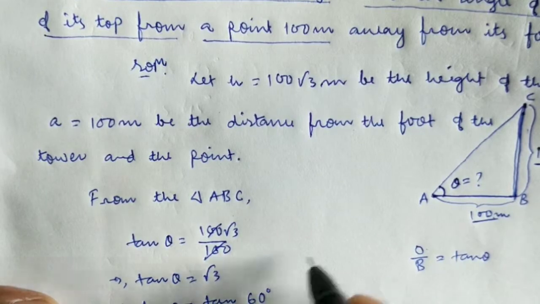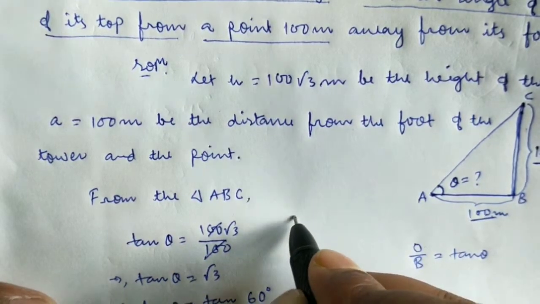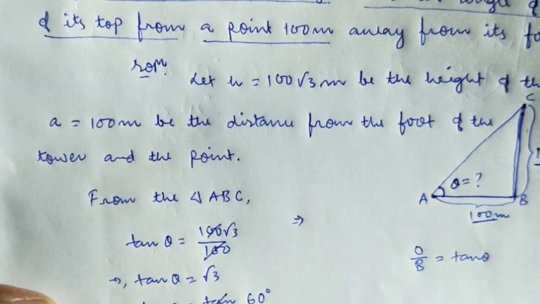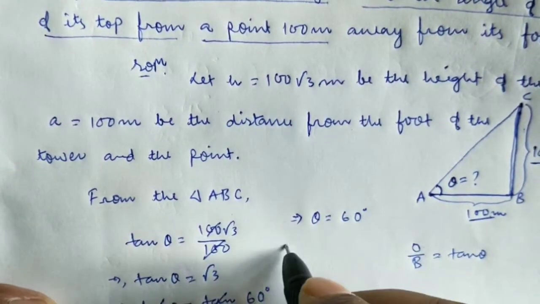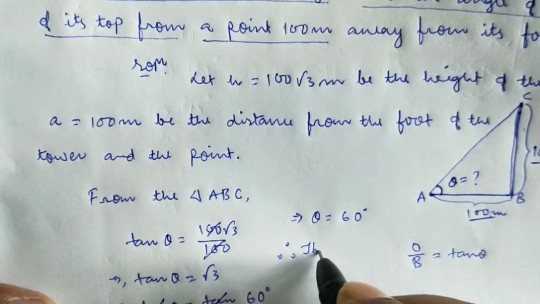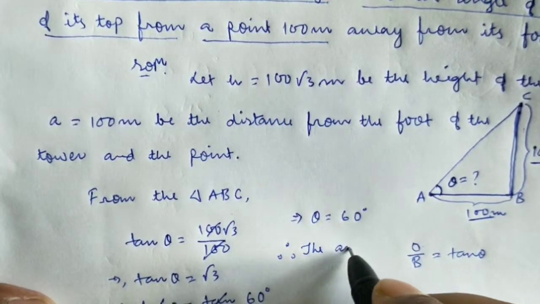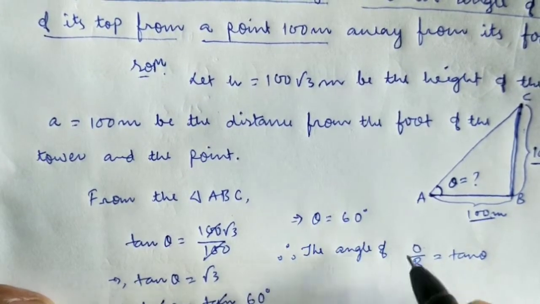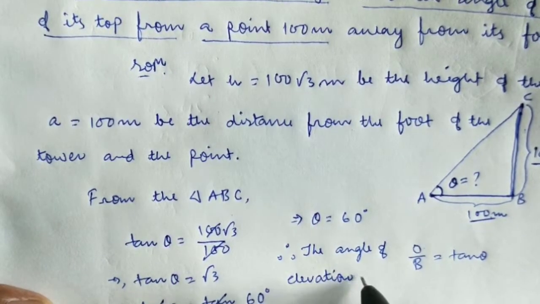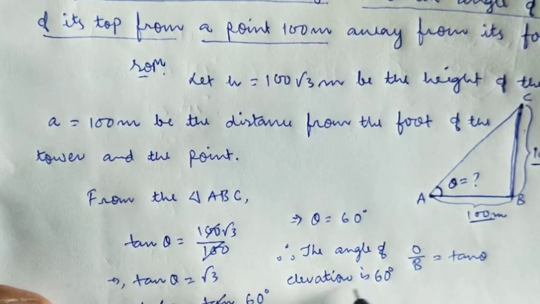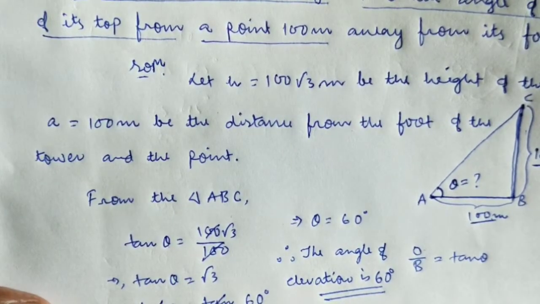Then tan theta is equal to root 3. Then since we know that root 3 is the value of tan 60 degrees, we can write here tan 60 degrees. And if we cancel this tan with tan, then theta is equal to 60 degrees. So if theta is 60 degrees, that means the angle of elevation of the tower is 60 degrees. So that's the answer.